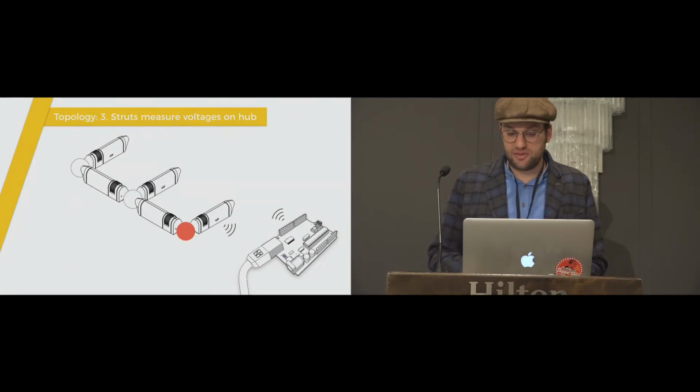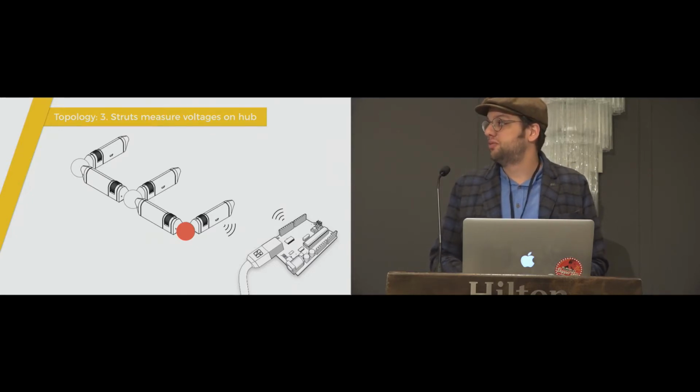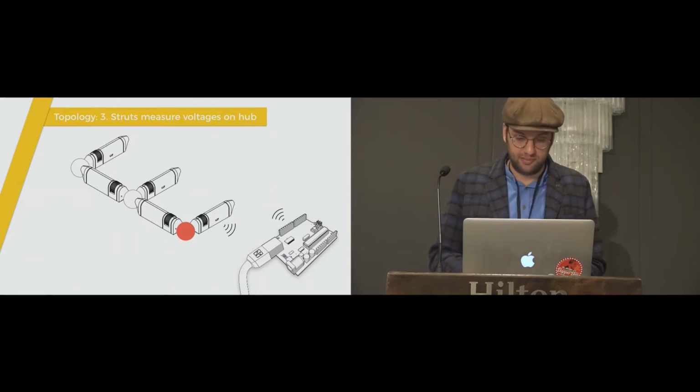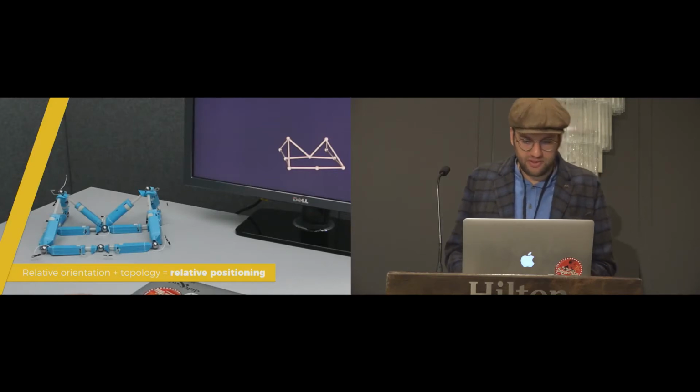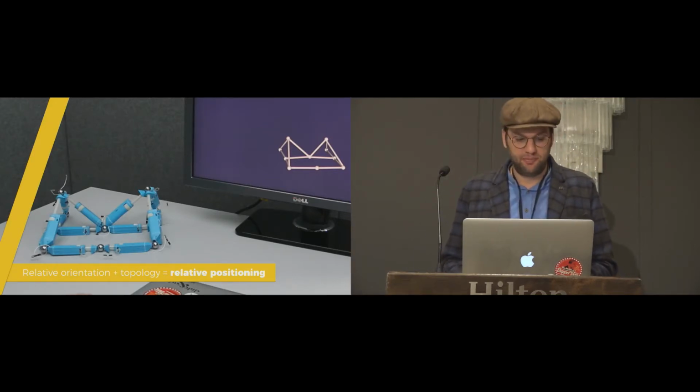This cycle repeats constantly. We can scan the full topology information from about 20 struts, I think, in less than a second. When we combine the topology information and relative orientation for every strut, we get the relative positioning, and this is sent to the virtual environment where the 3D model is rendered in real time.